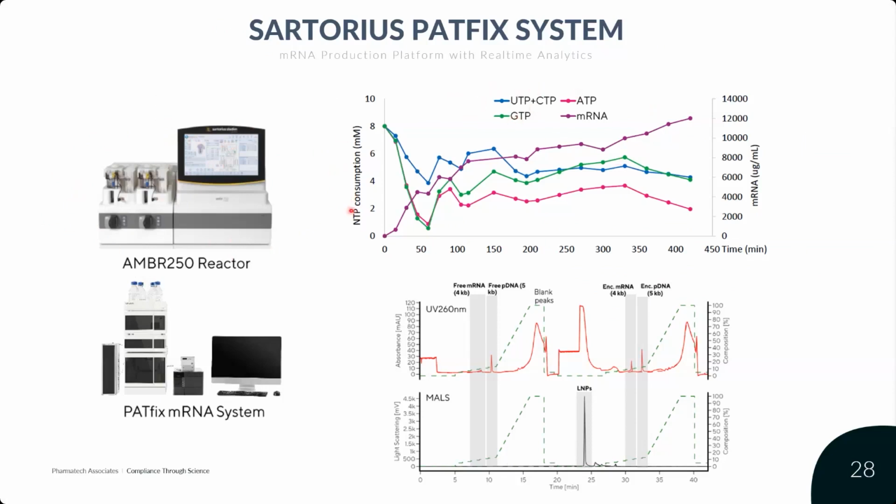Here you'll see the nucleotide consumption shown in millimolar, and on the other side, the mRNA concentration. So you can monitor your IVT reaction in real time by looking at how your mRNA is progressing throughout. And this potentially even gives you greater control of your process.